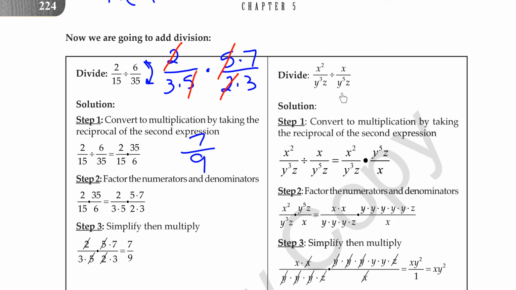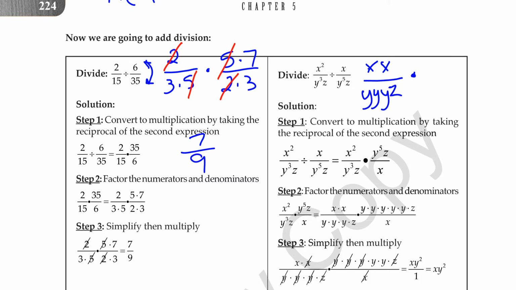So we're going to do it over here with algebraic fractions. I'm just going to split now. These are monomials, so your factoring is easy. You just have to tear them apart. You don't have to worry about that polynomial factoring that I referred you to the other videos for. If you're factoring with monomials, you just tear them all apart, and you can kind of see it down here. We're going to write it up here. So we have x squared, x times x, over y cubed, which is 3 y's, and a z.